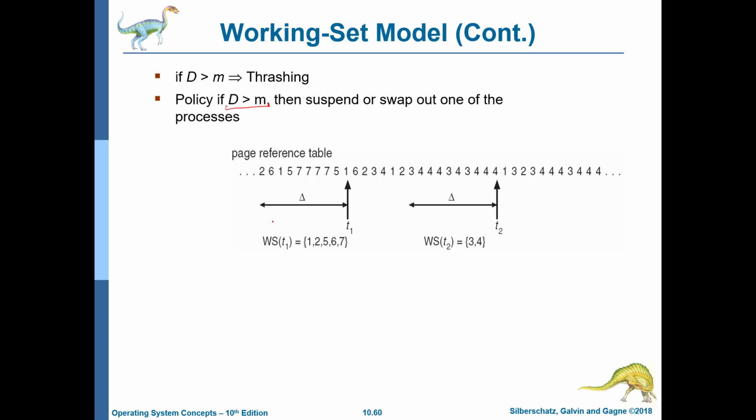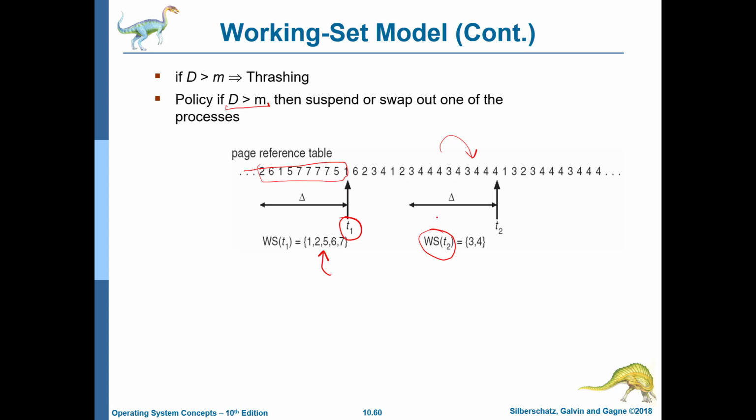And that will work. So if you're considering a given thread, and let's say our duration delta, the working set turns out to be 1, 2, 5, 6, 7, these are all the pages that it is accessing. Similarly, towards this region, the behavior of the program has changed. So at a different point of time, so T1 stands for time, right?